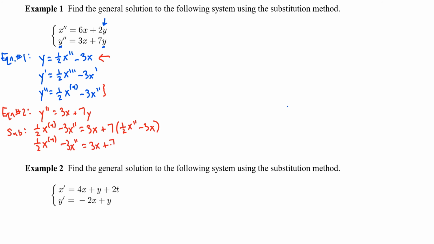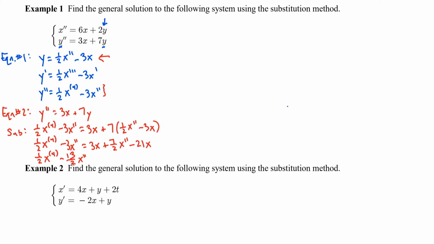Let's call that 7/2 x double prime minus 21x. Then let's move everything over to the left side. Let's see, we have negative 3x double prime. On the left, we need to subtract 7/2, so negative 6/2 minus 7/2 would give us negative 13/2 x double prime.